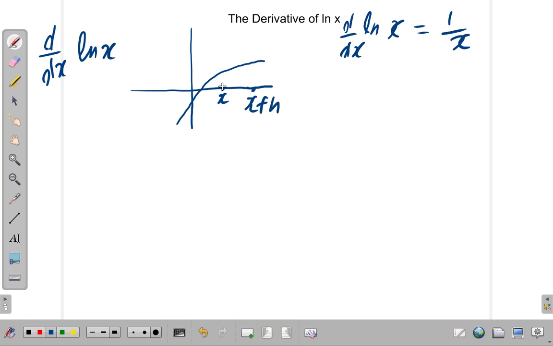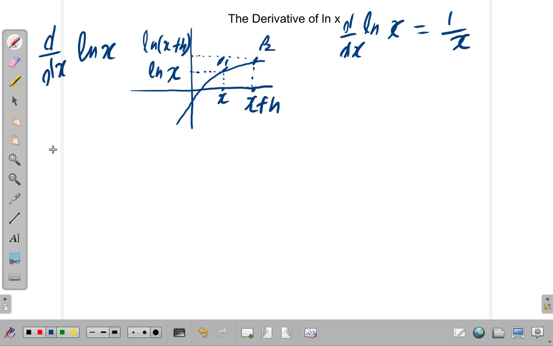So it's x plus h. x here would correspond with f of x, which is ln x. And x plus h here would correspond with another point. It would be ln of x plus h. Alright? Let's call this point 2 and this point 1.